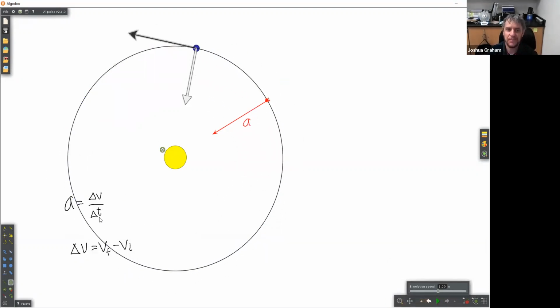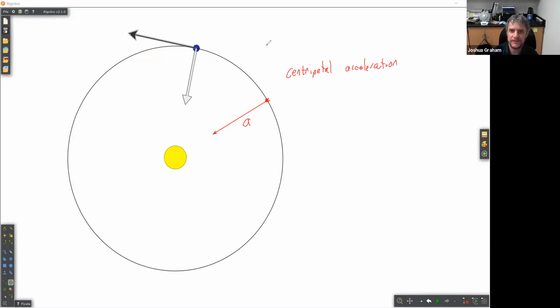Because it points directly towards the center of the circle, it gets a name. It comes from a Latin root, but it gets a name: centripetal. Because that acceleration vector literally points towards the center of the circle, it is called a centripetal acceleration.